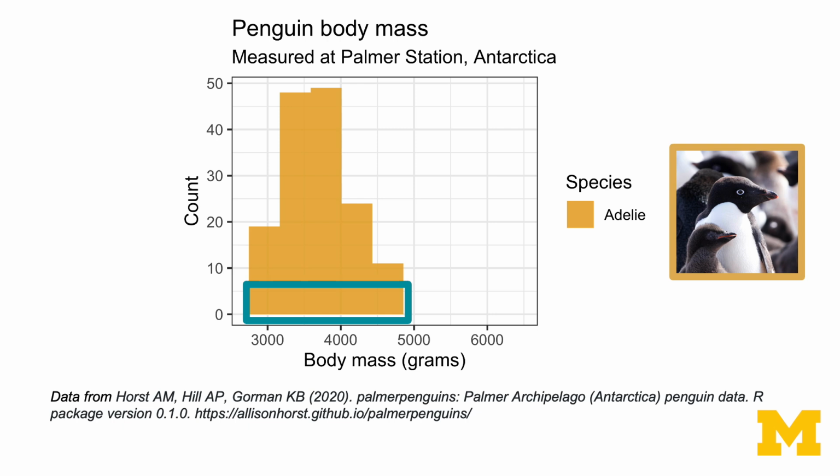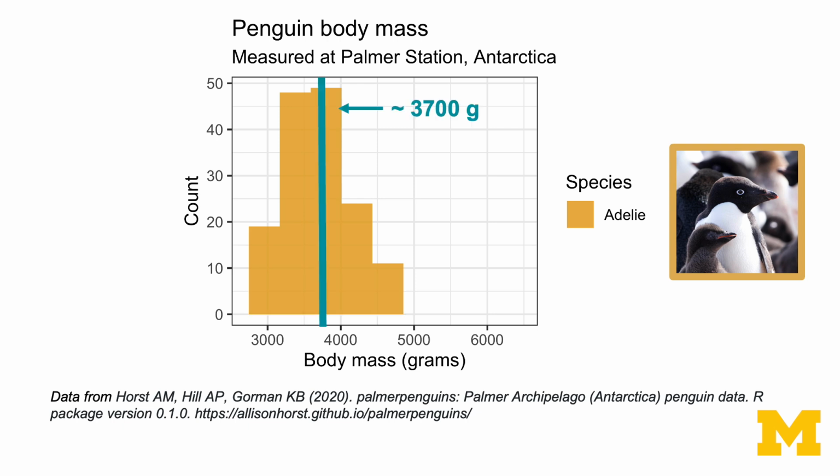Looking at how far the body masses span, we can see that the penguins are between about 2,500 and 5,000 grams. And we could try to guess what's a plausible mean. So looking at this distribution, it's pretty symmetric. So I'm going to say we can just use the mean to estimate something about the peak. And it looks like it's around 3,700 grams. So we could draw a line right about here.